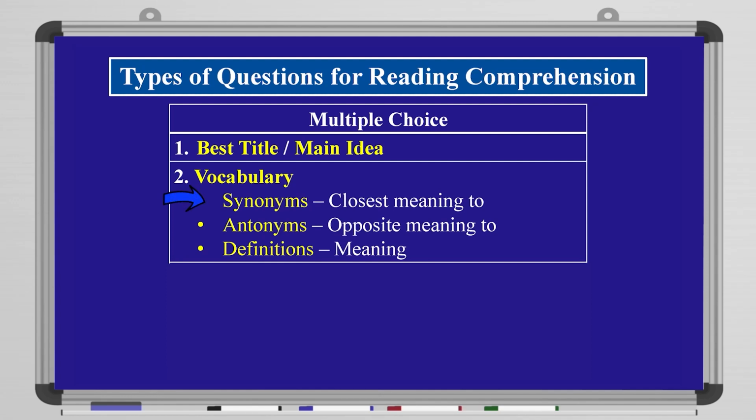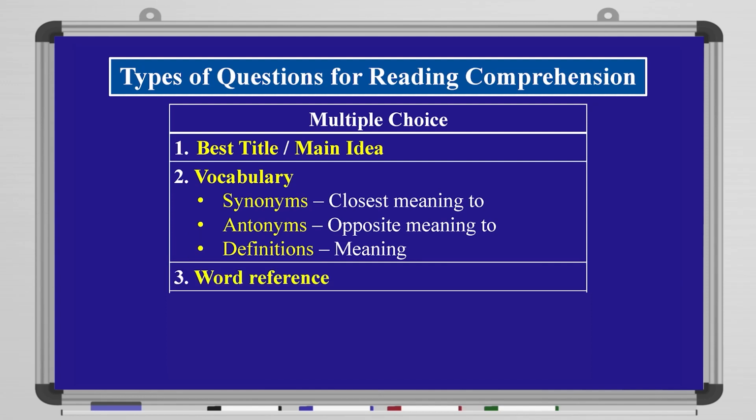For example, we'll give you a word and we want you to give us the closest meaning to this word. Or it could be antonyms. We'll give you a word and ask you to give us the opposite meaning of that word. The last one is definitions. So, a word and we want you to give us the exact meaning of that word.